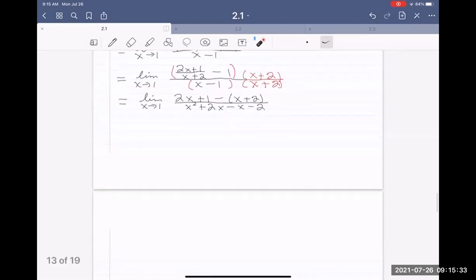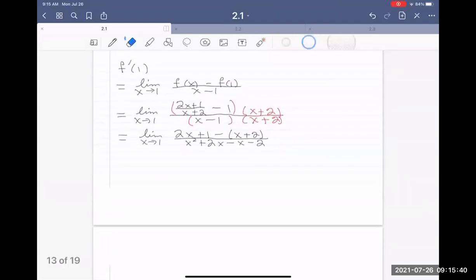Which I could have done up here also. So the x plus 2 cancels here. Next, x times negative 1 is negative x, and 2 times negative 1 is negative 2.